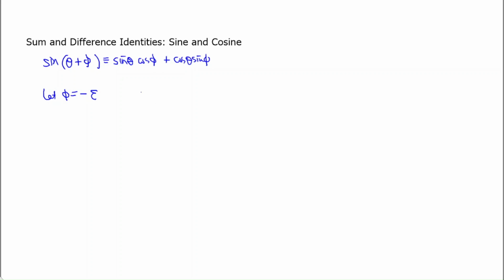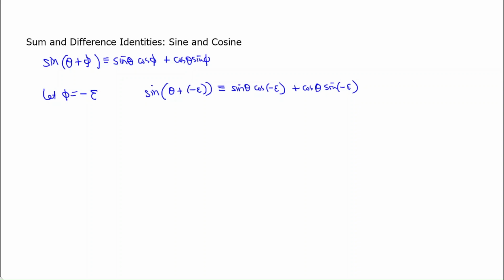Okay, so if I do that on both sides, on the left side I have sine of theta plus negative epsilon. Should be identical to the sine of theta cosine of negative epsilon plus the cosine of theta times the sine of negative epsilon.